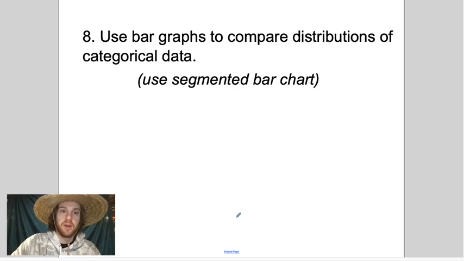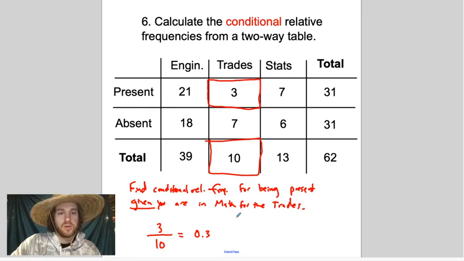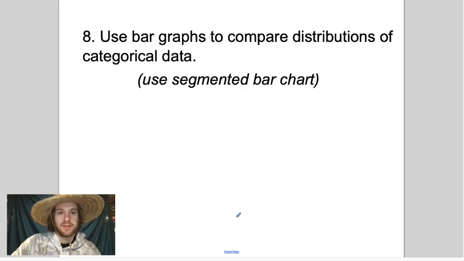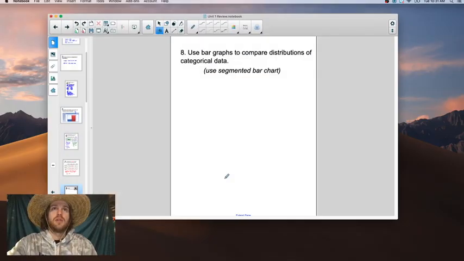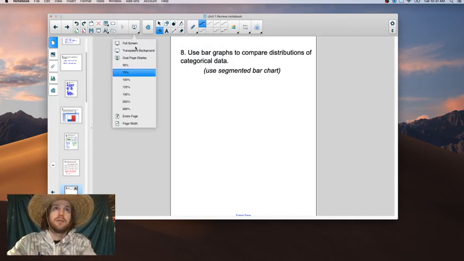Use bar graphs to compare distribution of categorical data. All right, so we've got our categorical data here. We're going to make a segmented bar chart with this categorical data, and I'm going to switch back to black here.